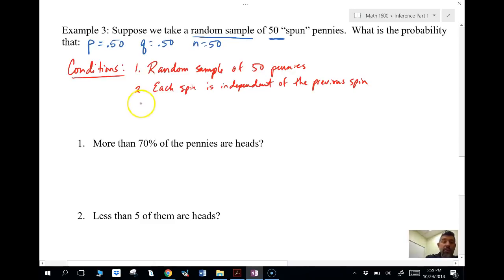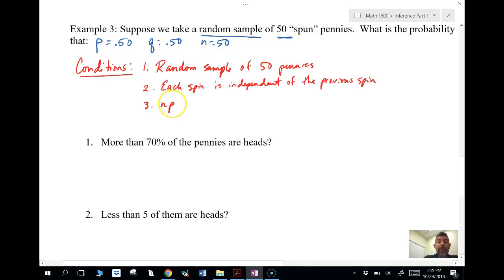Our third assumption is that we have a large enough sample size. To check that, we're going to check the expected successes. The expected successes is 50 times 0.5. We expect half of them to be heads, so that's 25, which is greater than or equal to 10.